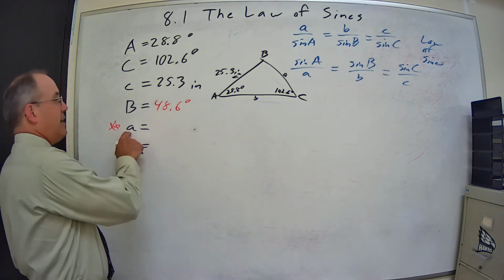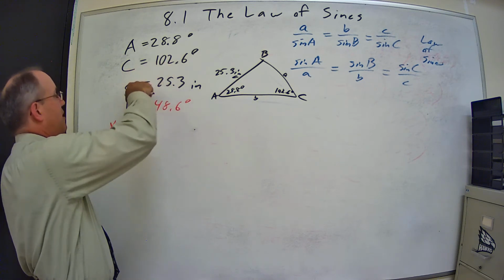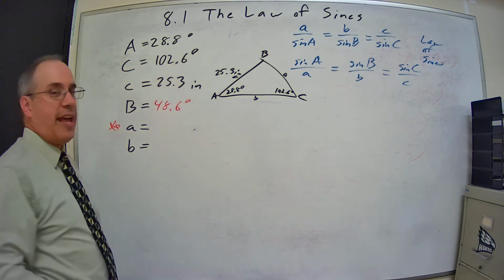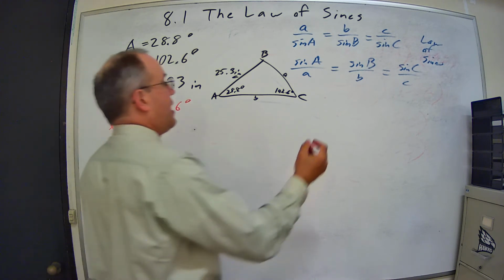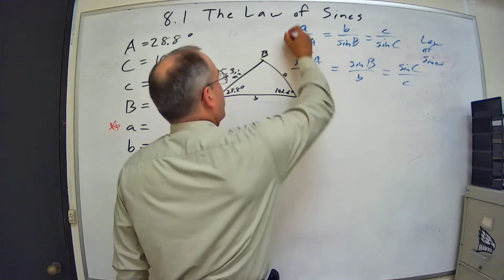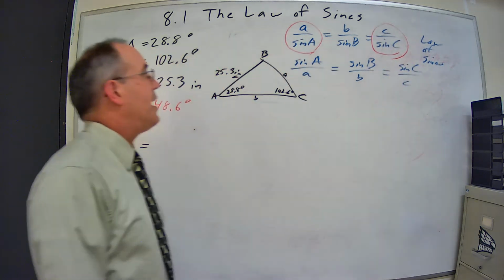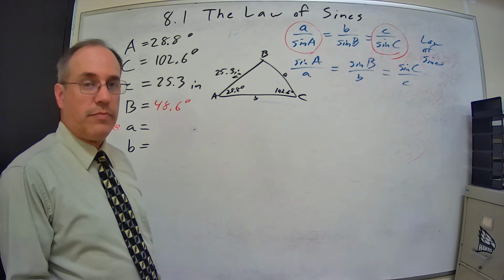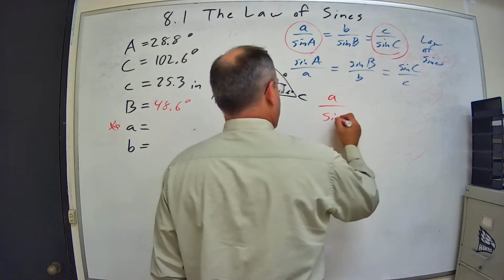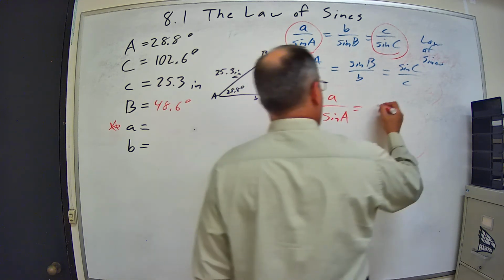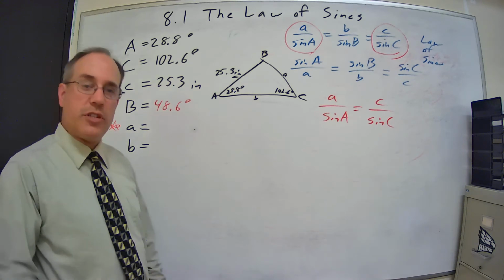So we want to find A. We've got angle C, side C, and angle A. So we're going to take sine A and C over sine C and set those equal to each other. So I'm going to get A over sine A is equal to C over sine C. And I'm just going to fill these in.